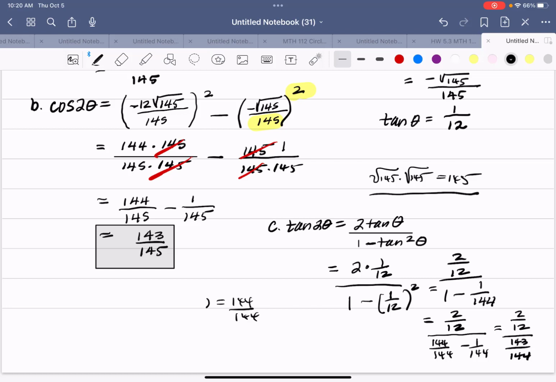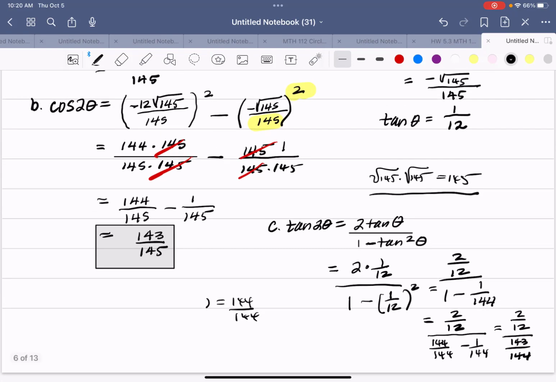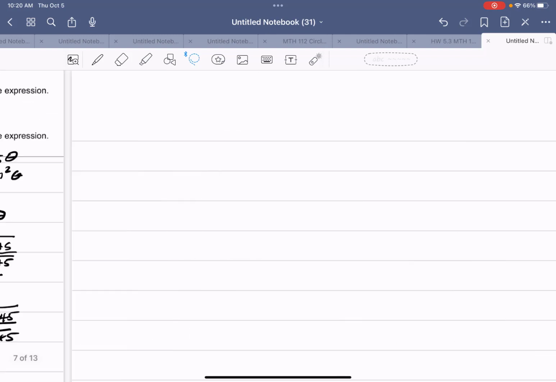And obviously, I can't leave it like this. And so now I'm going to have to clean up this fraction. 2/12 divided by 143 over 144.